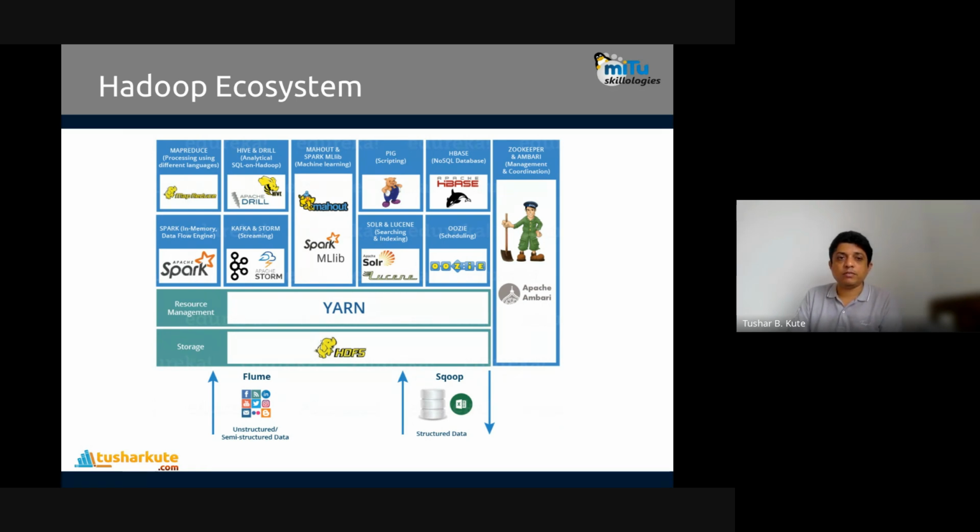Kafka, Spark, Solr, Lucene, Oozie, YARN, HDFS, Apache Ambari, Apache Airavat, many are there. Flume and Sqoop for data management. Among them, one is NoSQL. You can see its name given here, Apache HBase.